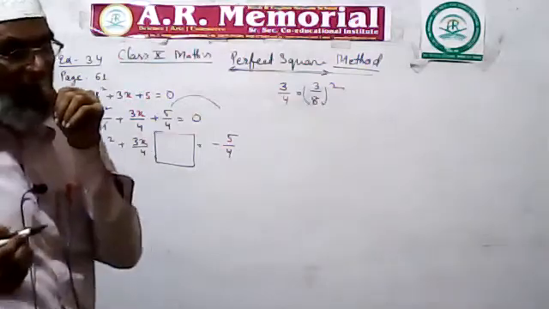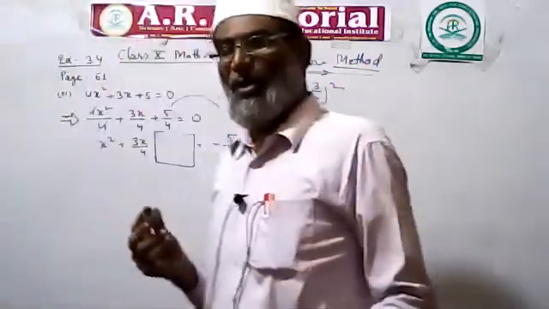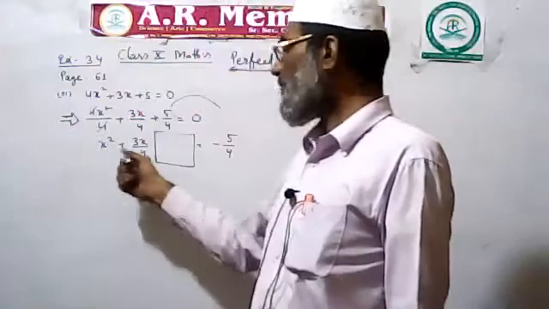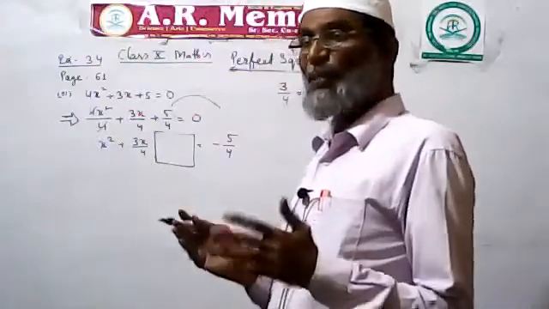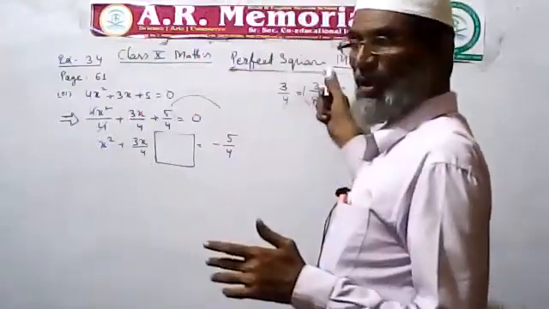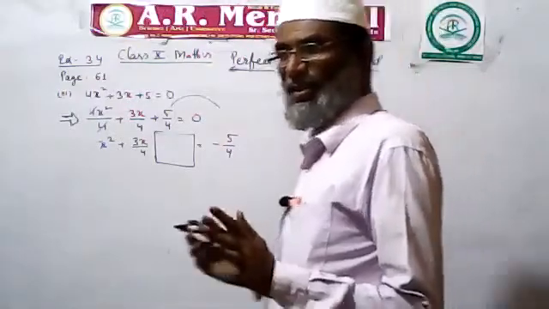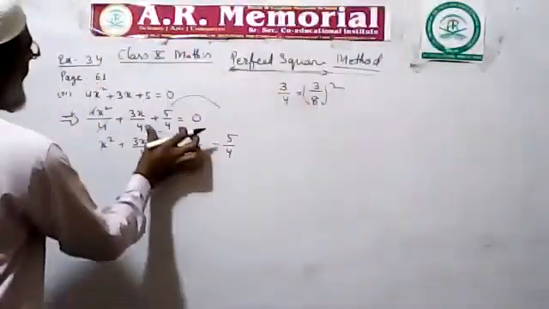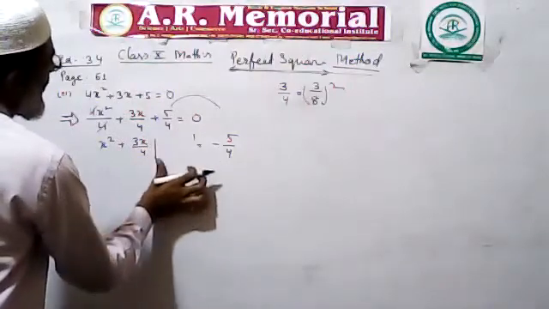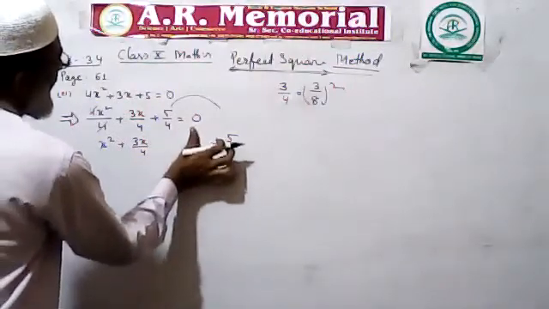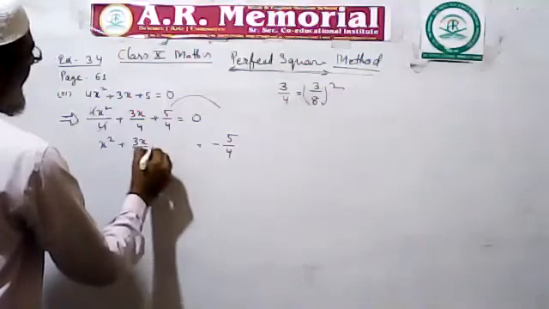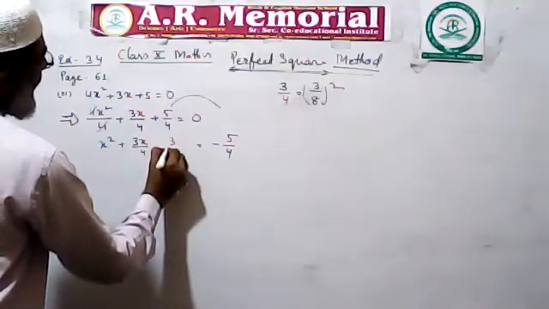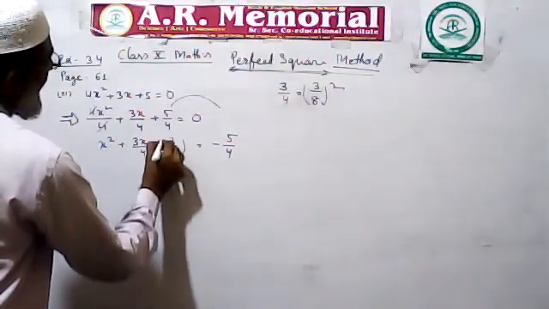Sir, why are we doing like this? We want to change all these terms into a perfect square. This is the way to change to the perfect square: half of b. Now I remove this box. This was only to draw your attention to what we are doing. Plus adding the square of half of this, 3 upon 8 square.